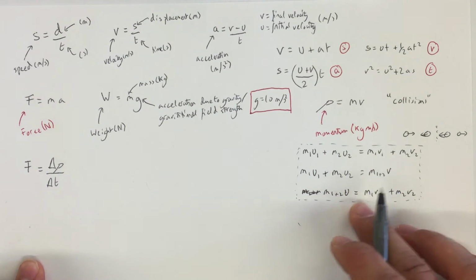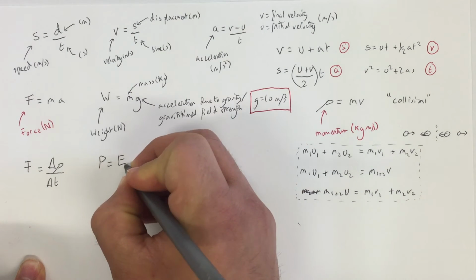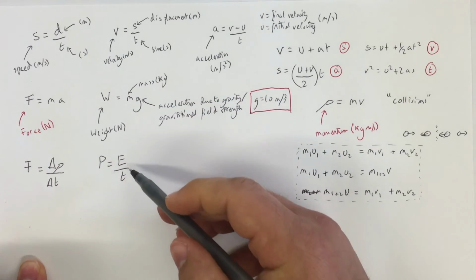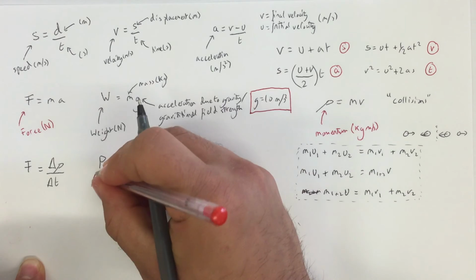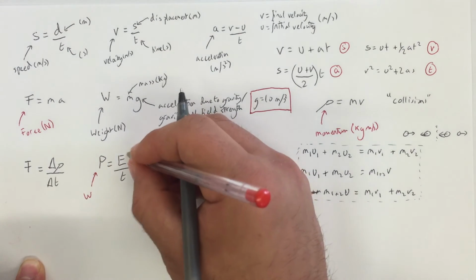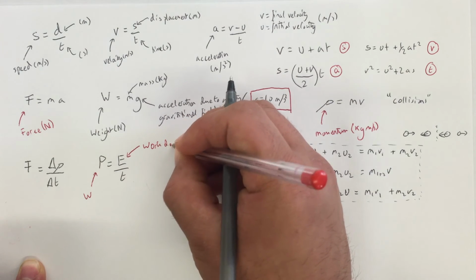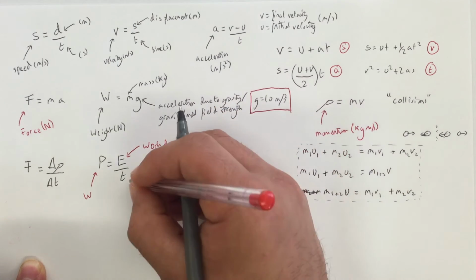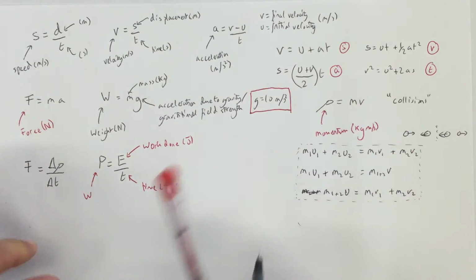The next equations that are important for everybody is the equation for power, which we've done in P2. Power, which is measured in watts, is energy transferred or work done, which is measured in joules, divided by time, which is obviously in seconds.